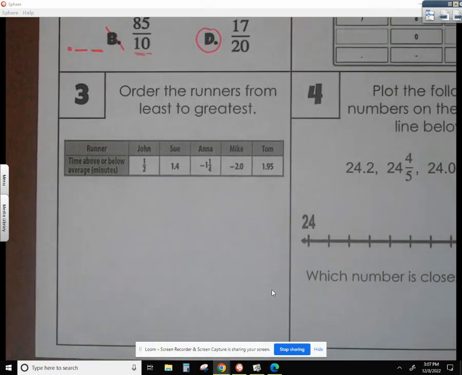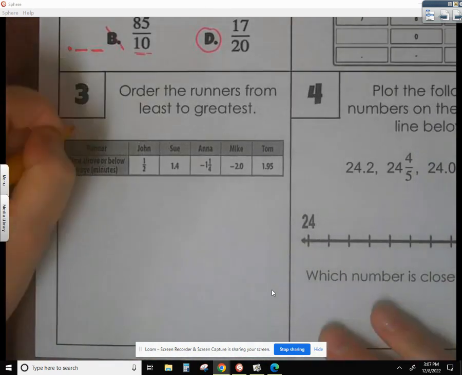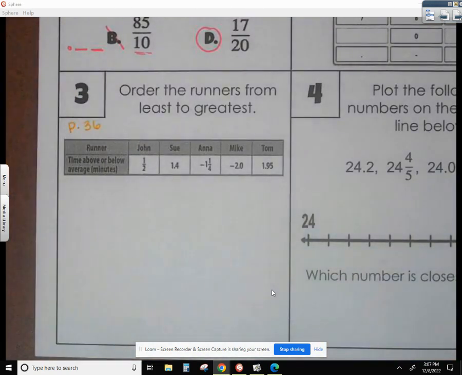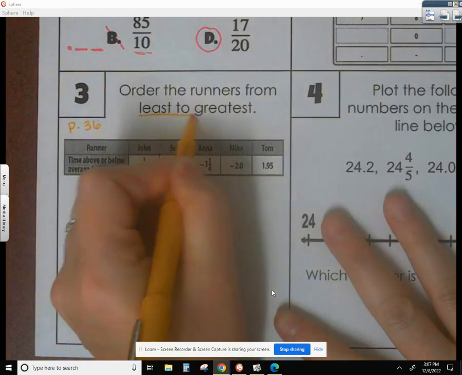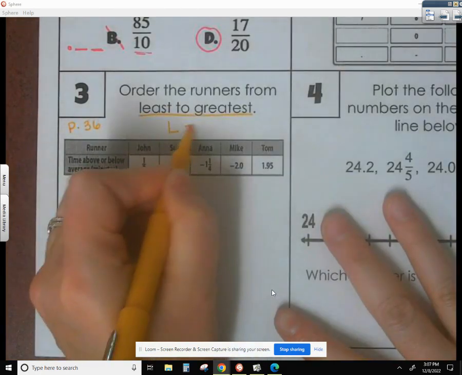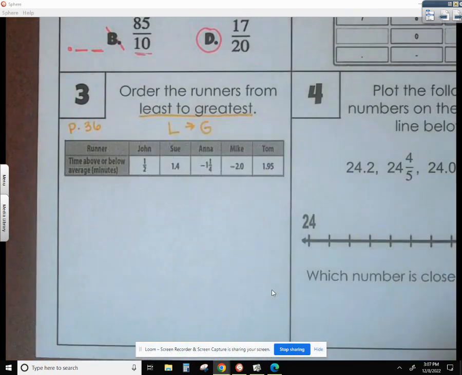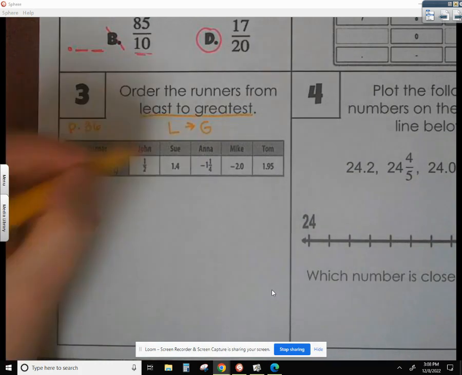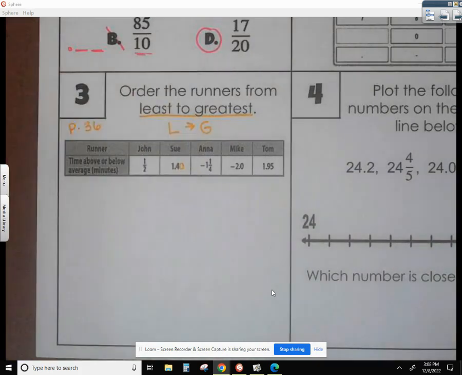Question number 3 is found on page 36, comparing and ordering rational numbers. We're doing least to greatest on this problem. And the easiest way to do that is to make them all look like money. So I like to go from easiest to hardest. Sue is easy because I can add a 0.